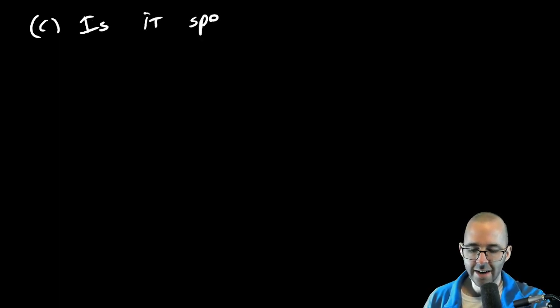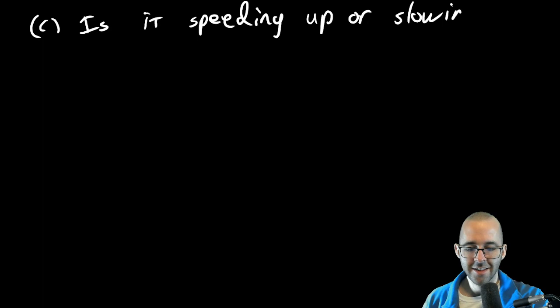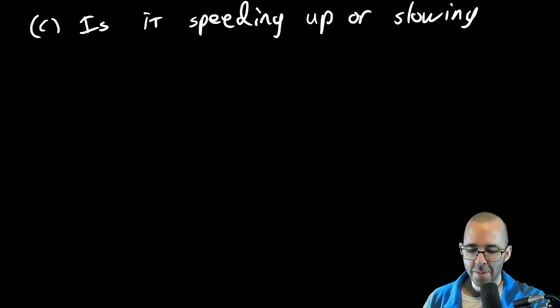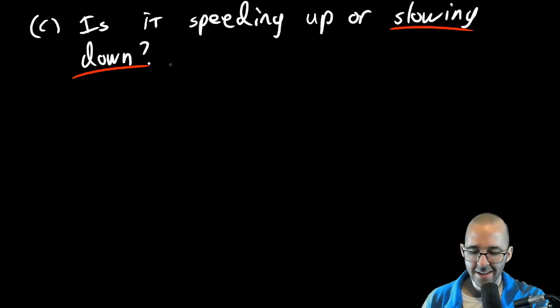Part C. Is it speeding up or slowing down? Well, I already answered that. I got ahead of myself. Basically every problem with multiple parts, I like to connect the topics, so I just start talking. I'm not even going to write the answer. I'm just underlining the right one.